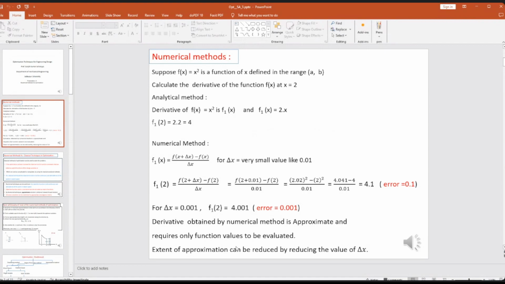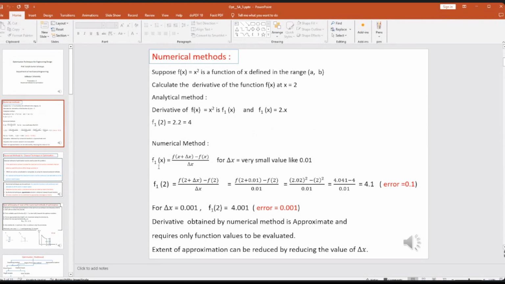And what is meant by a numerical method? Suppose a function is given for which we have to find the derivative. The function is x square. We know that it can be evaluated directly. The derivative is 2x, and at the point x equal to 2, the value of the derivative is 4. But if we like to evaluate the derivative using a numerical method, then we have to use this expression: the derivative f'(x) is given by f(x plus delta x) minus f(x), divided by delta x, and the value of delta x will be very small, like 0.01.